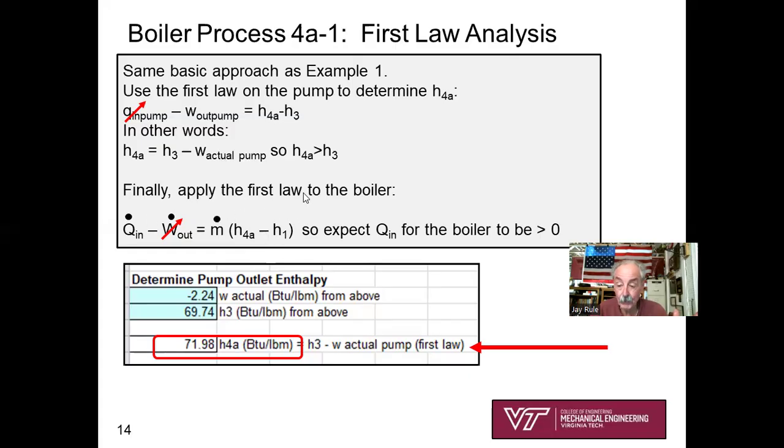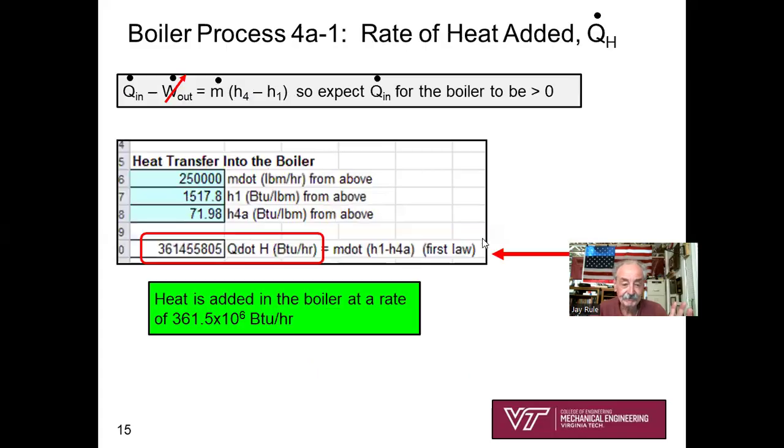For the first law for the boiler, Q dot N minus W dot out equals m dot times H leaving, H1, minus H entering, H4 actual. So be very aware of that. That's a typo. Wow, very careless on my part. At least my observation is right: Q dot N is going to be positive for the boiler.